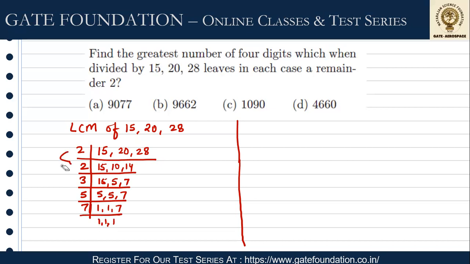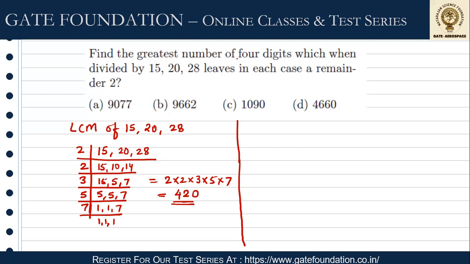Now multiply all these numbers: 2 into 2 into 3 into 5 into 7, you get 420. So the LCM is 420, but we need the greatest 4-digit number.